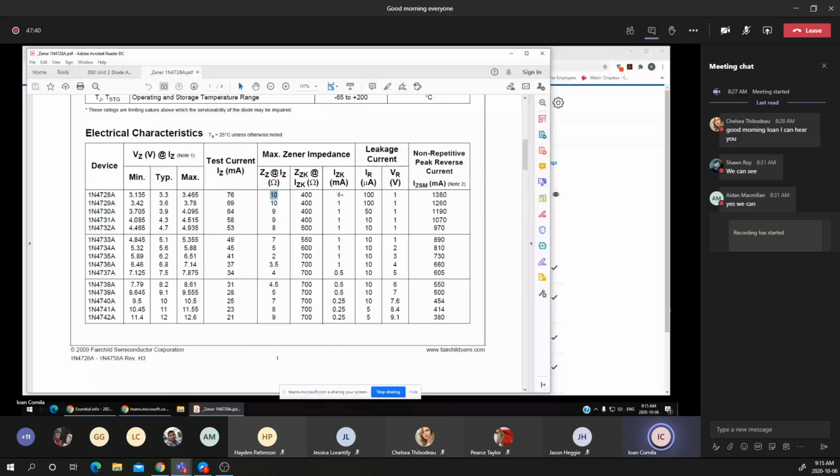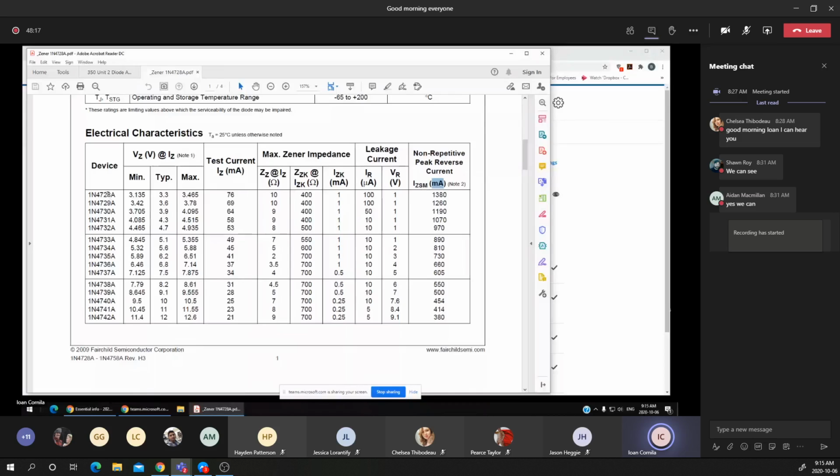You notice that the IZK is given, and I'm using this value as 1 milliamp as the IZK, and IZ max as 1.38 amps. You may see milliamps; stay on the same scale as milliamps for the IZT, the IZK, and the IZ max.